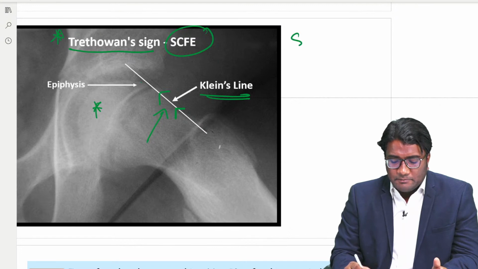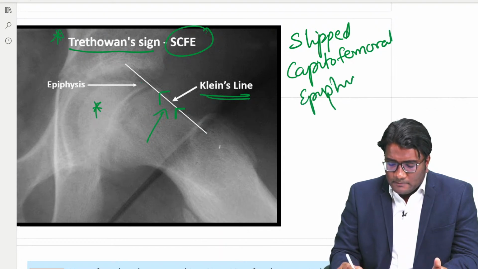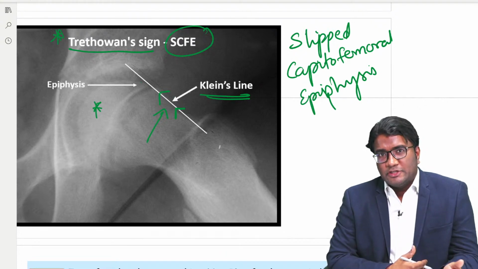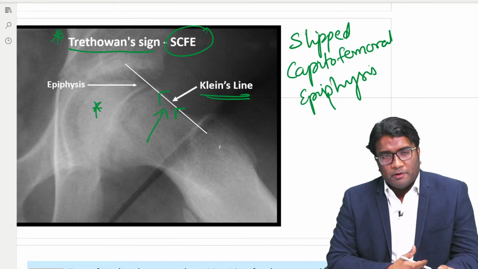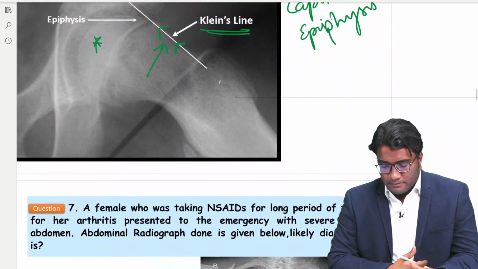Even though we call it slipped capital femoral epiphysis, it is not the slip of the epiphysis; it is the overgrowth of the metaphysis that occurs because of puberty or hormonal changes. This is also common in males.